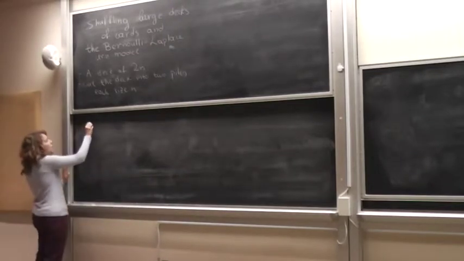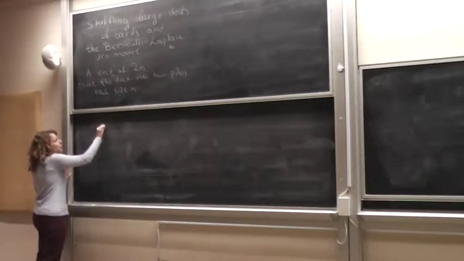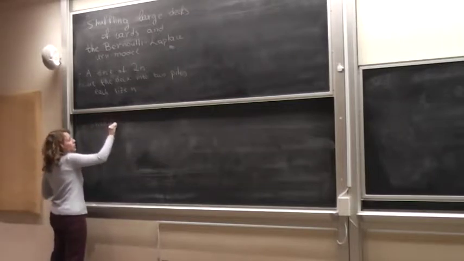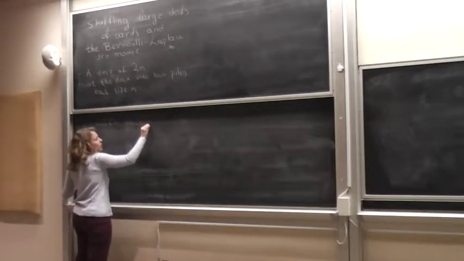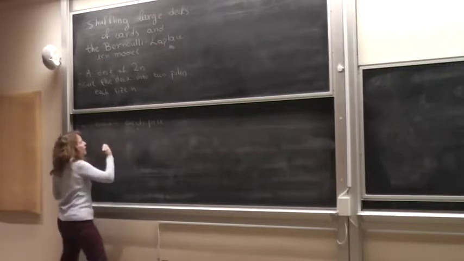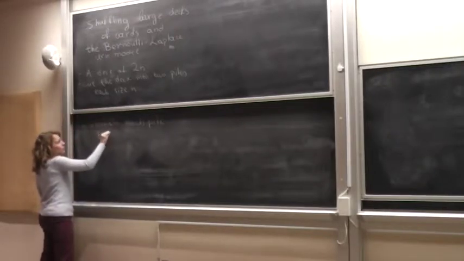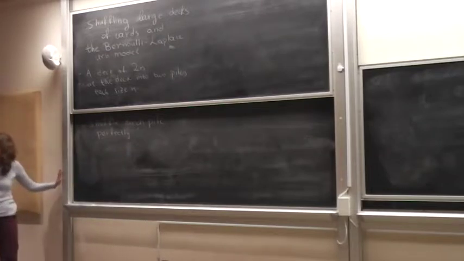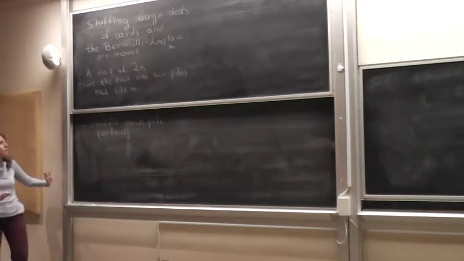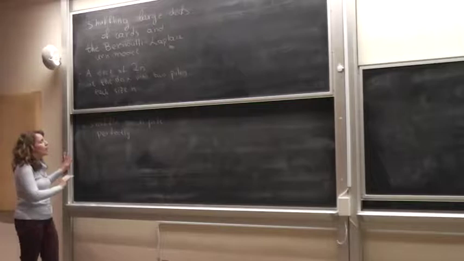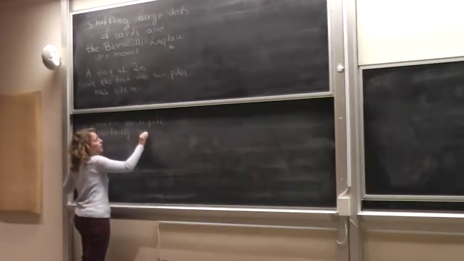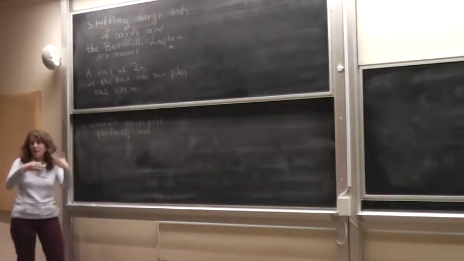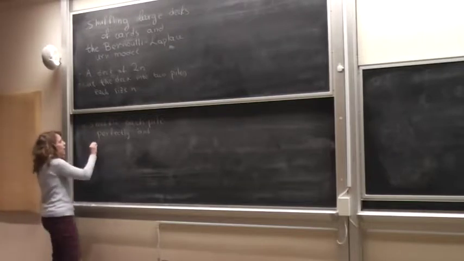So now shuffle each pile perfectly. Of course we cannot really do it perfectly, but for our model we will assume that we can do it perfectly, and independently. Each pile is shuffled independent of the other.